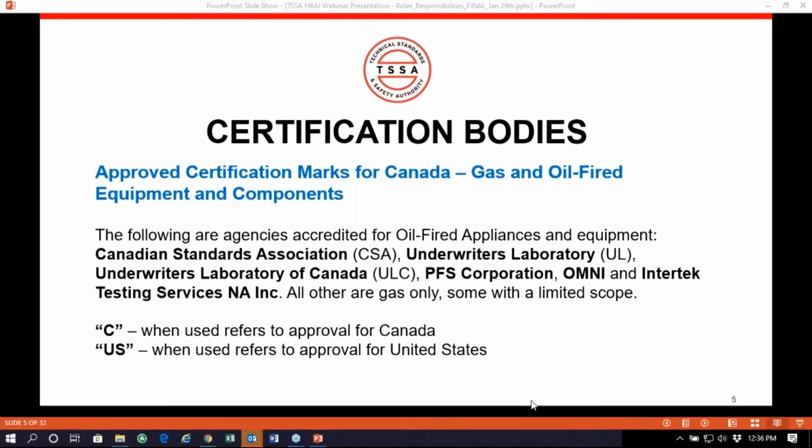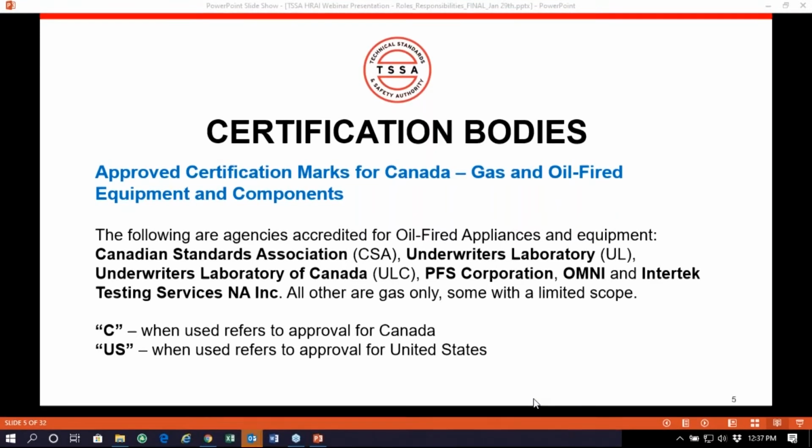The following agencies are accredited for fuel oil appliances and equipment: the Canadian Standards Association, Underwriters Laboratories, Underwriters Laboratories of Canada, the PFS Corporation, Omni, and Intertek testing services. All the others are gas only, and some of them have a very limited scope. So if you're looking at symbols, which I'll show you in a moment, the C refers to approvals for Canada, and the US obviously is for approvals for standards in the United States.